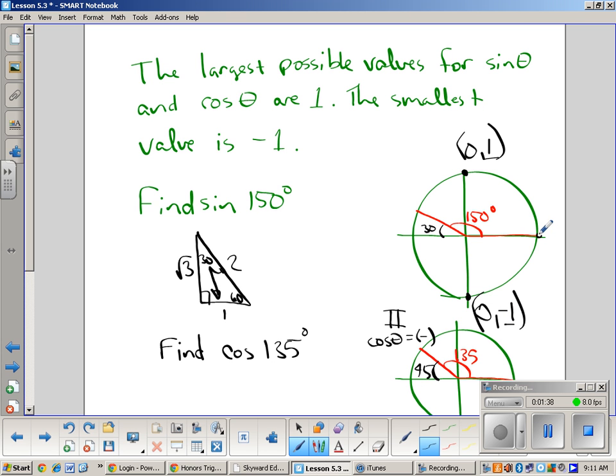For cosine, this ordered pair was (1, 0). This ordered pair is (-1, 0). And so the very largest possible value for cosine, the x value, is 1, and the very smallest possible value is -1. So what we're saying is the values of cosine and sine will circle around between 1 and -1 constantly.